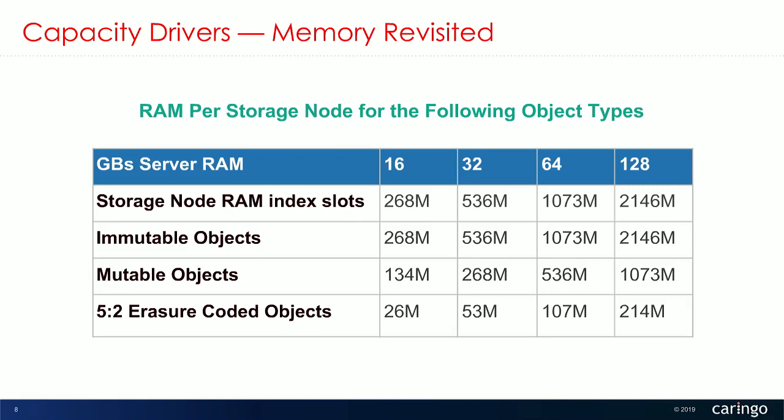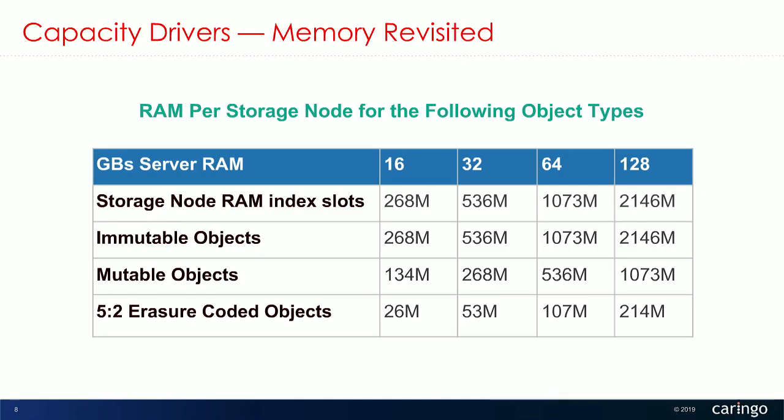And depending on the amount of memory you have in the server, for 16 gig, it ranges from 268 million slots all the way up to 128 gig, which is 2.146 million index slots. That's just the raw available index slots.